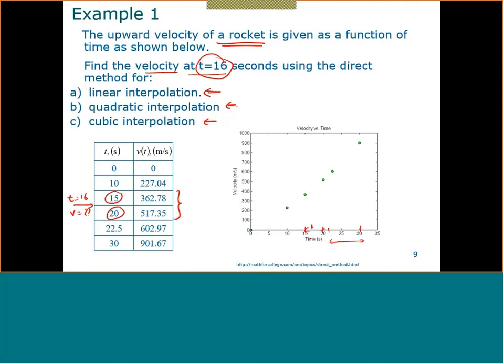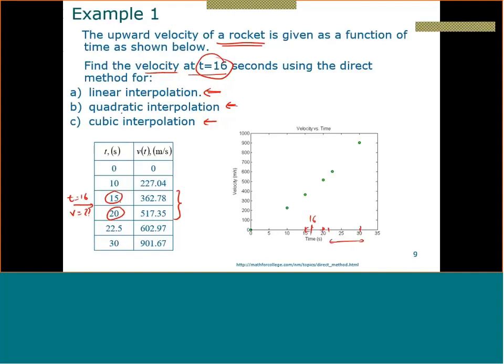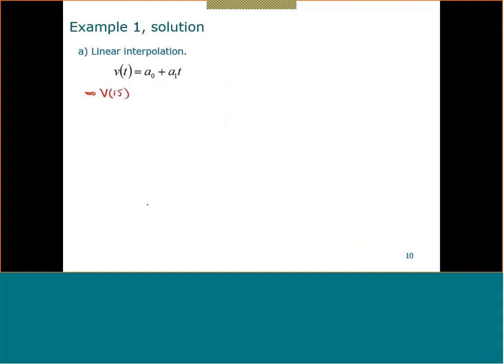So I will take these 2 points and find the function here. I will use a linear model, so your v of t is equal to this. Remember, this is only valid in the range of interest. I know v at 15 from the data. So v of 15, which is t equal to 15, equals a0 plus a1 times 15.